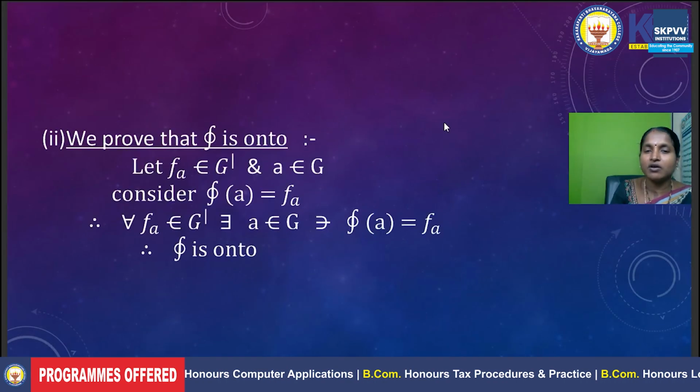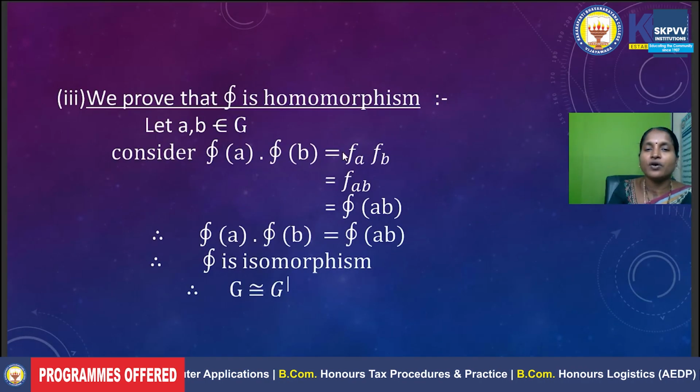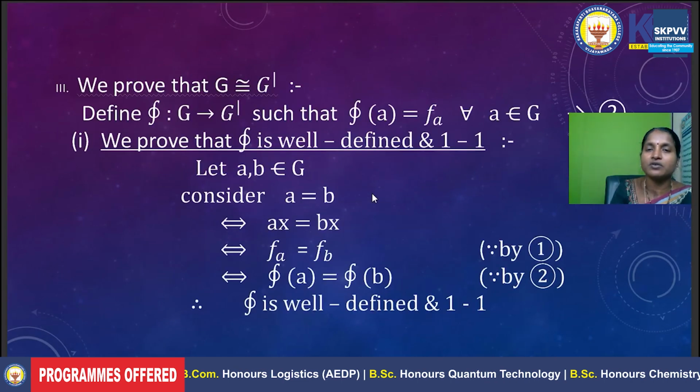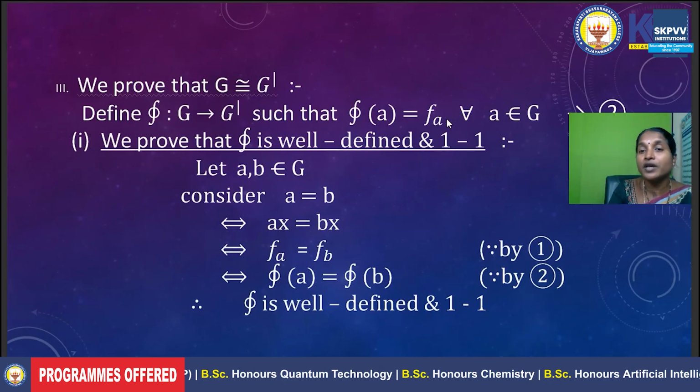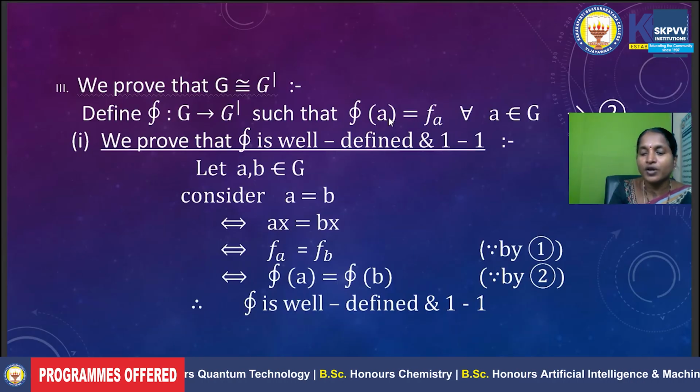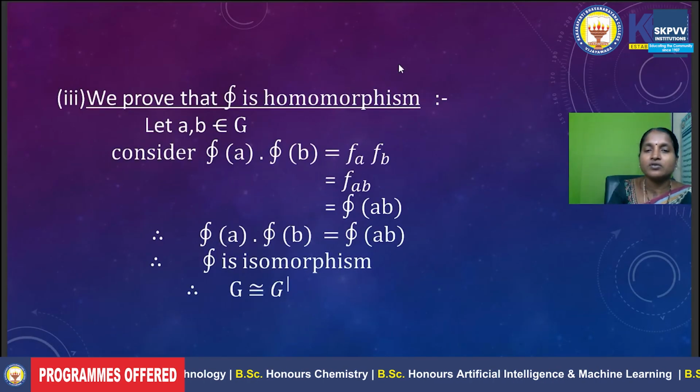So fa into fb is f of ab. Fab, in the above definition fa is phi of a, so fab you can write as phi of ab. So the homomorphism condition is phi of ab is equal to phi of a into phi of b. Now you can say that phi is a homomorphism.